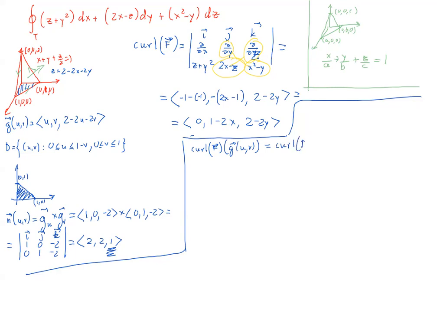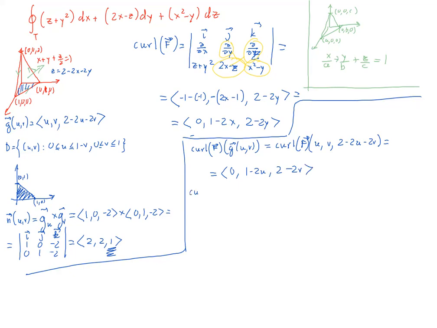This means that wherever you see an X, you will put U. Wherever you see a Y, you will put V. Wherever you see a Z, you will put 2 minus 2U minus 2V. And this will give us what? It will give us 0, 1 minus 2U, 2 minus 2V.